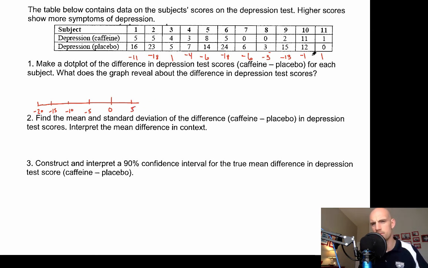Okay, let's put some data on this chart. Grab a different color here. Okay, negative 11, negative 18, 1, negative 4, negative 6, another negative 18. Oops, I think I put it in the wrong spot.